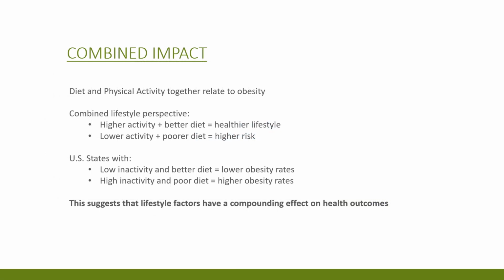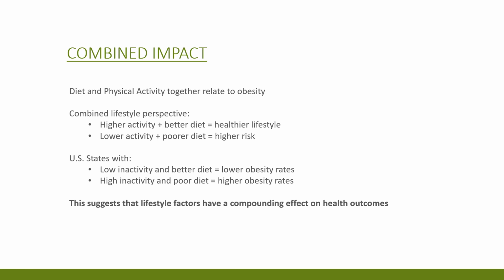As we've seen across both those scatter plots, there is a linear relationship or correlation between diet, physical activity, and obesity. The higher the activity and the better the diet, the healthier the lifestyle. The lower the activity and the poorer the diet, the higher there is a risk for obesity.